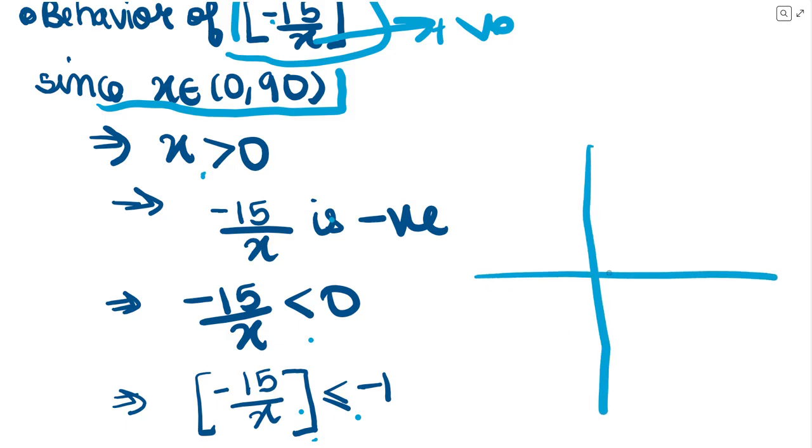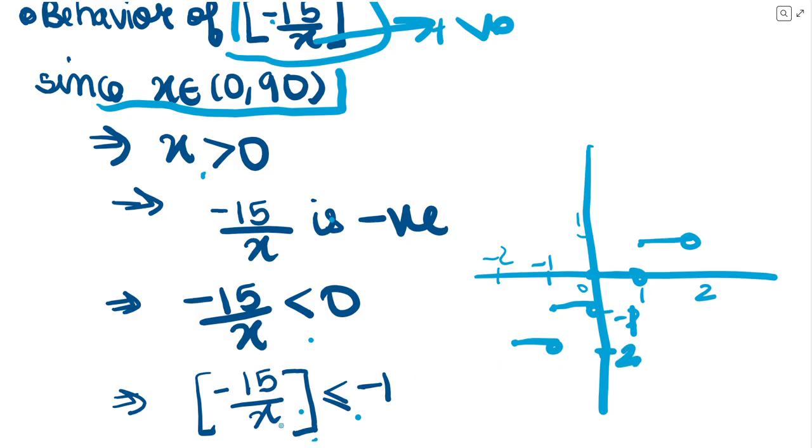So I'll simply draw the diagram of greatest integer of x very quickly and make you understand this, right? Okay, so this is 0, 1, 2, minus 1, minus 2, right? 1, minus 1, and minus 2.